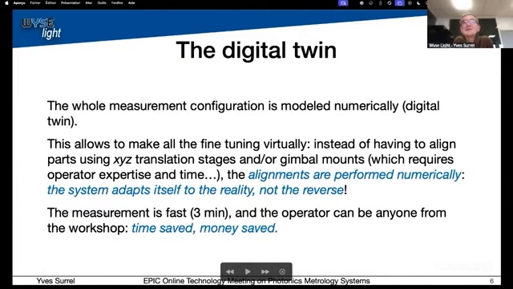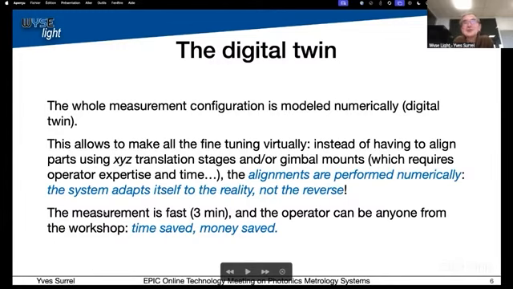I mean, instead of having to align parts using fine screws on XYZ translation stages or gimbal mounts, which requires real experience from the operator, all the alignments are performed numerically. In other terms, the system adapts itself to the reality and not the reverse.